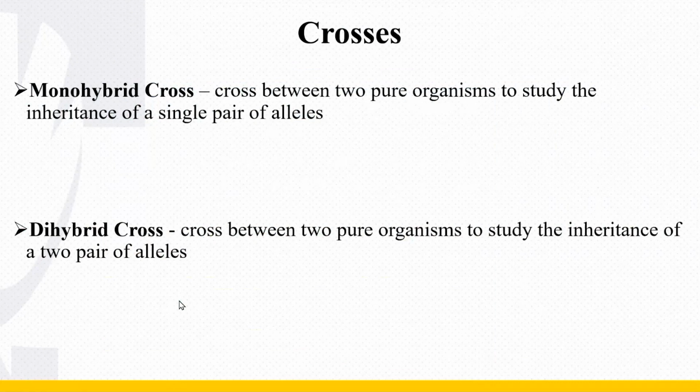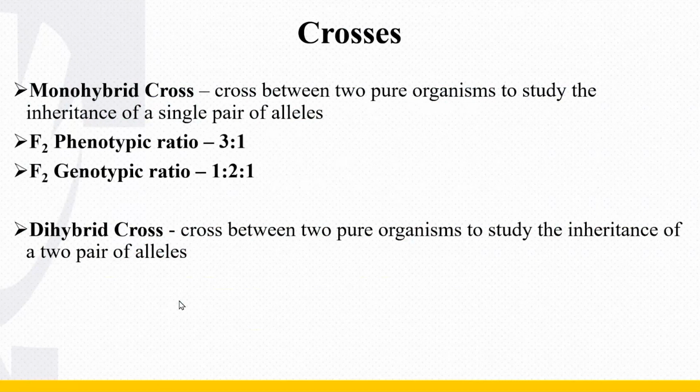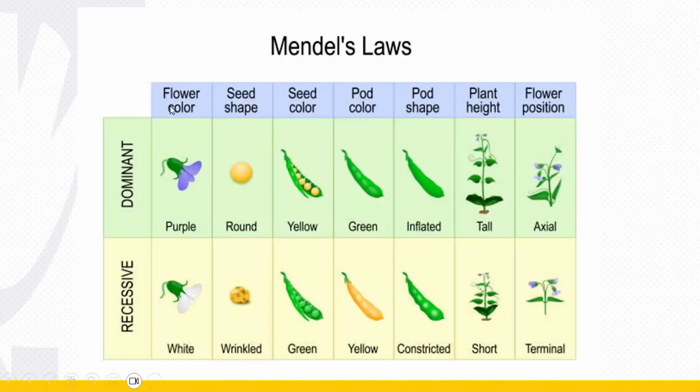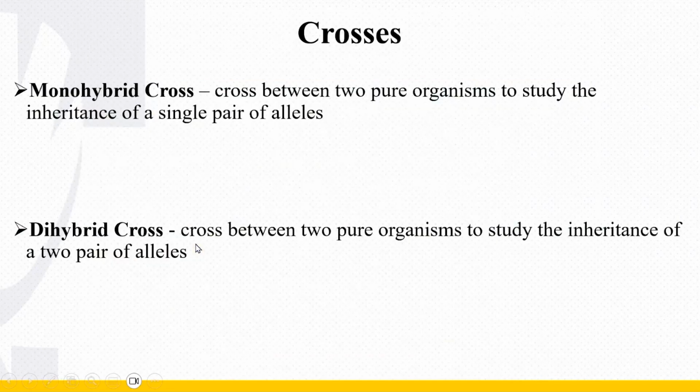So when we're talking about crosses, Mendel performed different crosses, one being a monohybrid cross. And that is looking at just one particular trait, so just flower color.